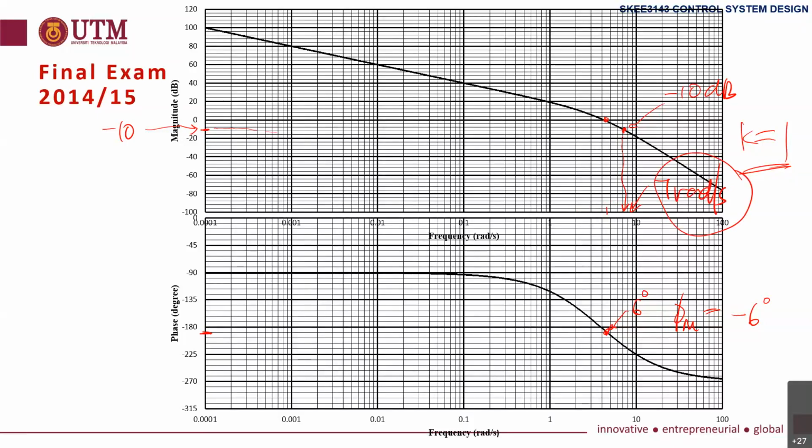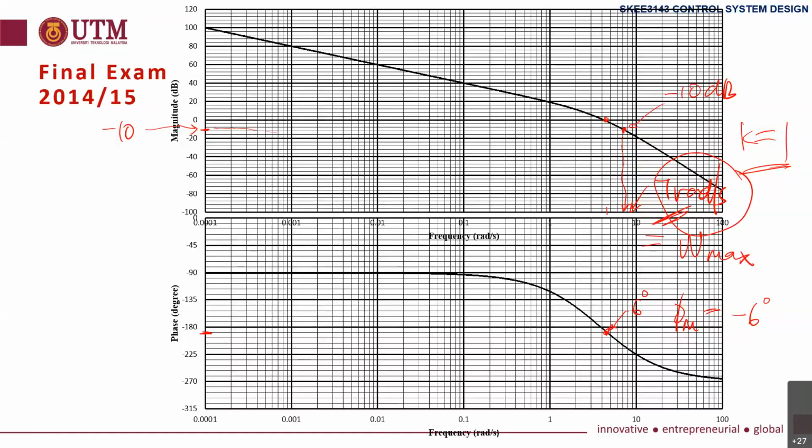This is the point where the magnitude is minus 10 dB. And 7 radian per second now becomes omega max.